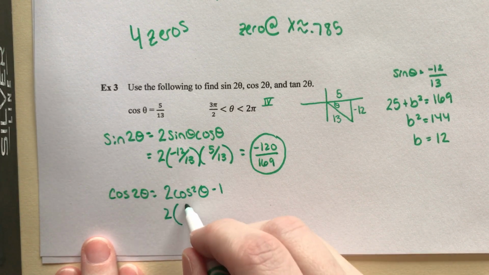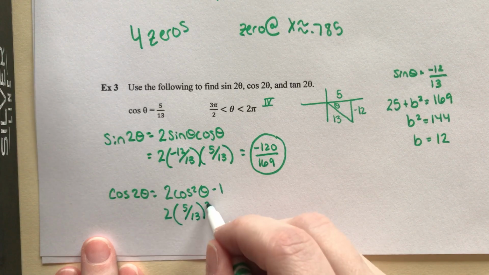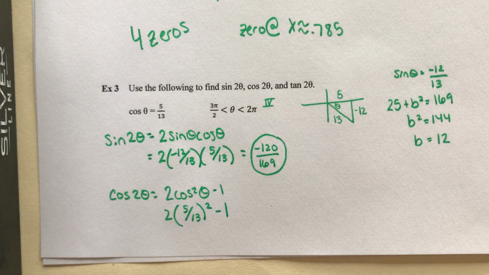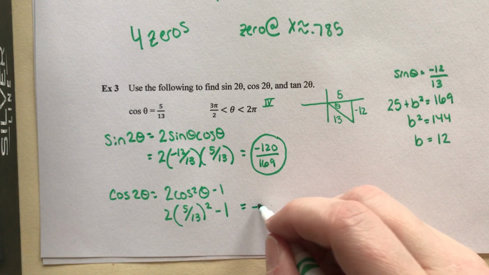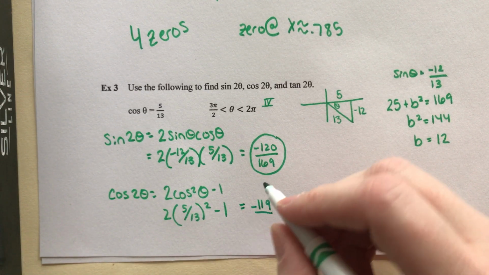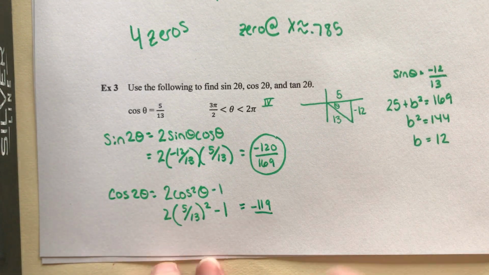And I know what cosine is. It's 5 over 13. So I'm going to use my calculator to plug that in. 2 times 25 over 169 minus 1. And you can do math enter to get a fraction. -119 over 169.